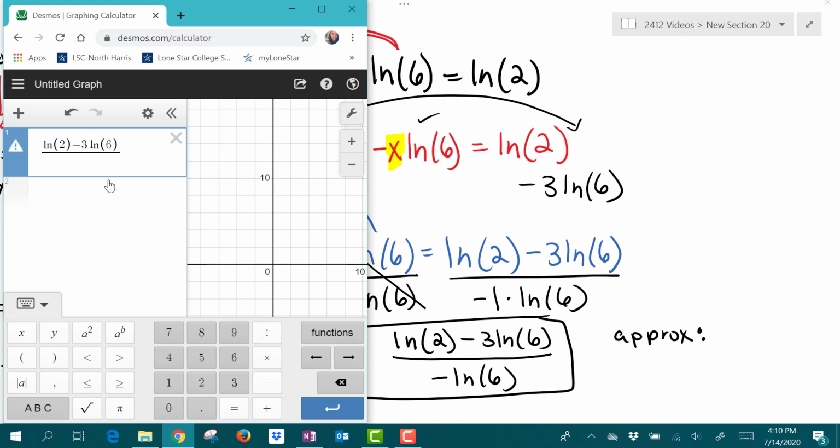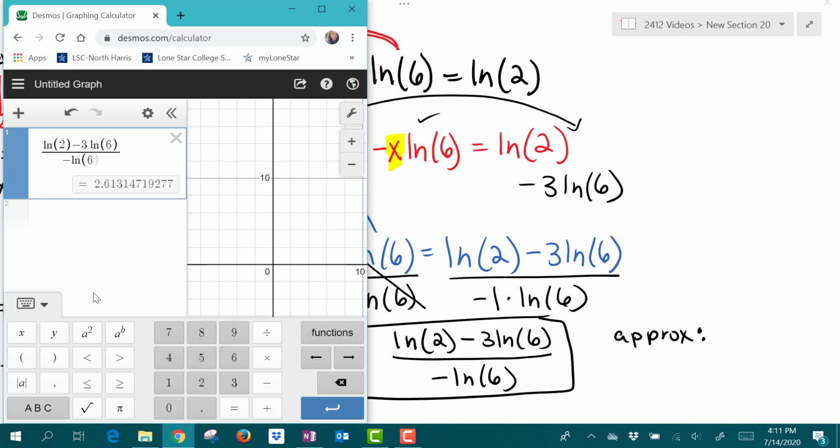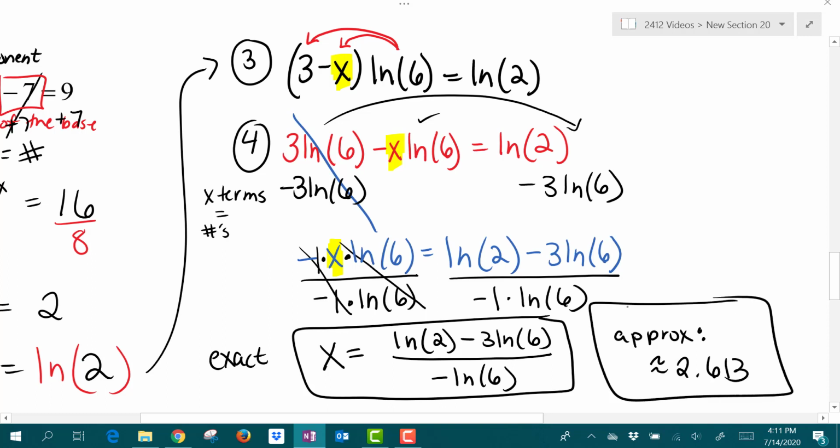So that's all on top of the fraction, minus natural log of 6. Okay, so it looks like our approximation rounded to the nearest 3 decimal places would be 2.613. All right, so there's our exact and our approximate answers.